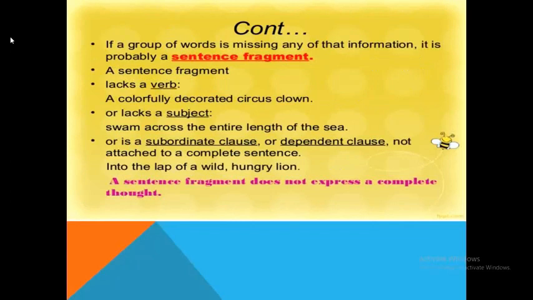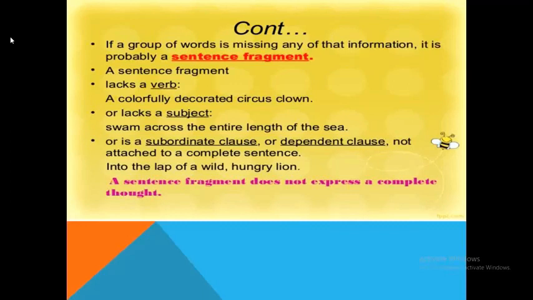Then dear students, today we'll discuss some of the mistakes that students sometimes make while writing their sentences. What are those mistakes? Let's have a look at them. If a group of words is missing any of that information, it is probably a sentence fragment.